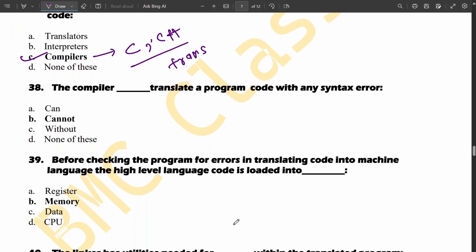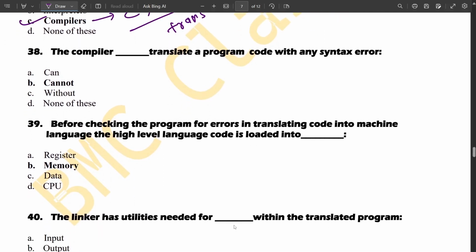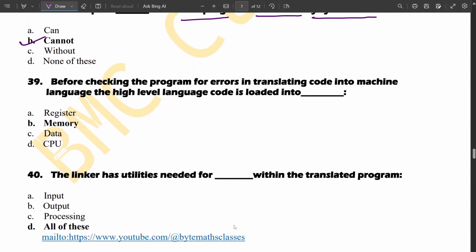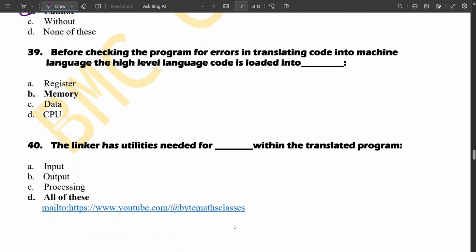Next, the compiler translates a program code with any syntax error. So this cannot. Okay, option number B. Next, before checking the program for errors in translating code into machine language, the high level language code is loaded into memory.